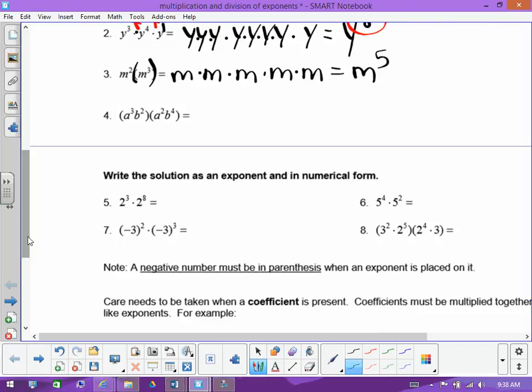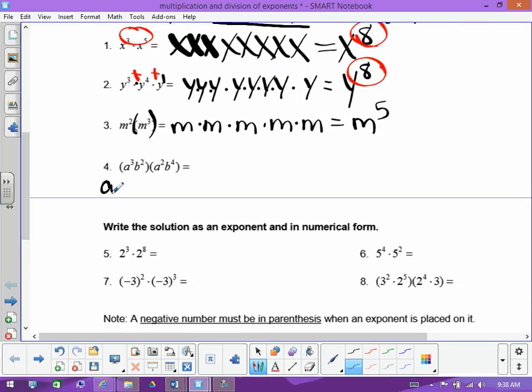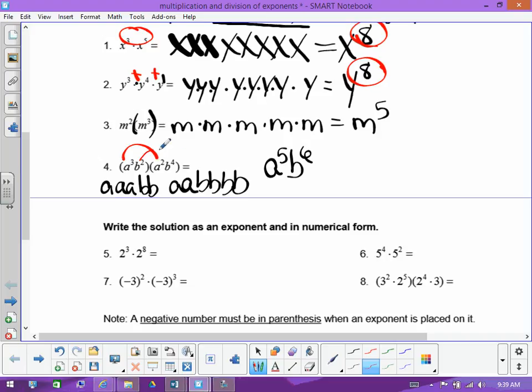This is what I'm talking about. Writing out may be helpful. We have 3 A's, 2 B's, 2 A's, 4 B's. So if we combine all of our A's together, how many do we have? 5. So I have A to the 5th, B to the what? 6. If I use the rule, I simply add the A's and add the B's.